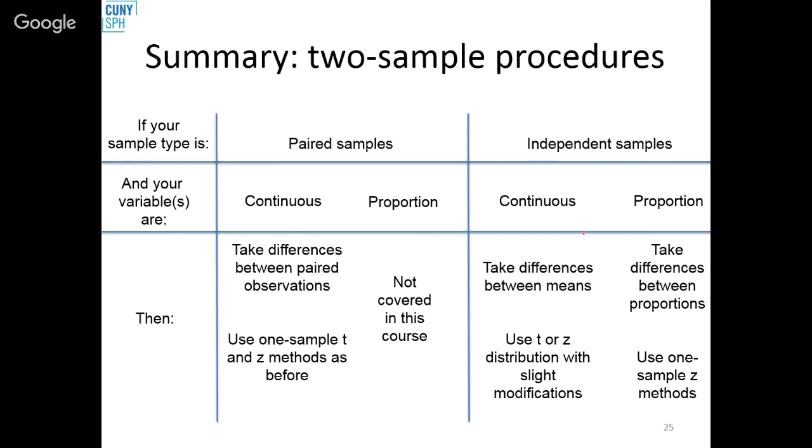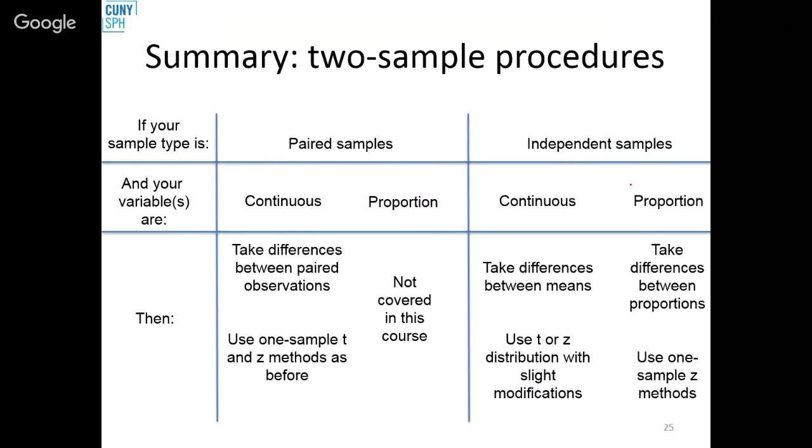For the two sample independent tests, you have now your two sample t-test for the difference between the population means, and you have your formulas for calculating the t-statistic or the z-statistic for two samples.